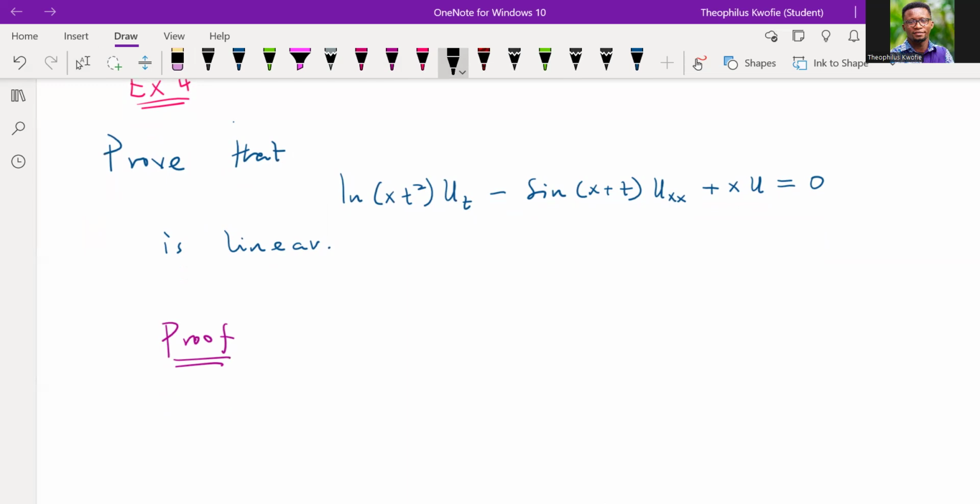In our previous episode, we laid down the foundation for linearity as far as PDEs are concerned. The first thing to do is to assume that we have two functions.